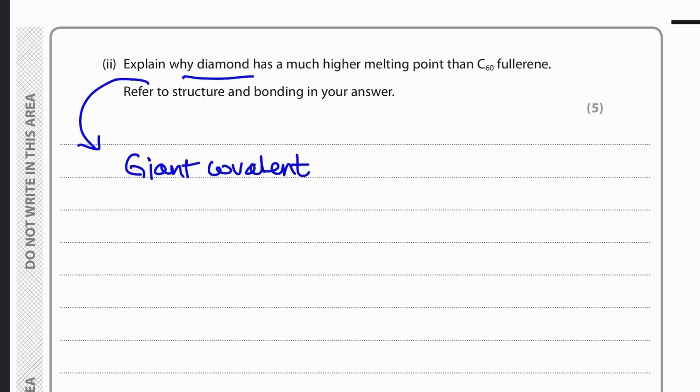And why would that give it a higher melting point? Because it's a giant structure, or sometimes we call it a lattice structure.